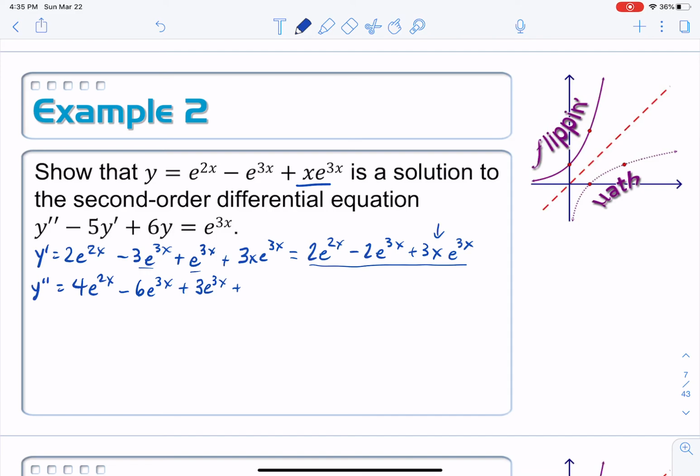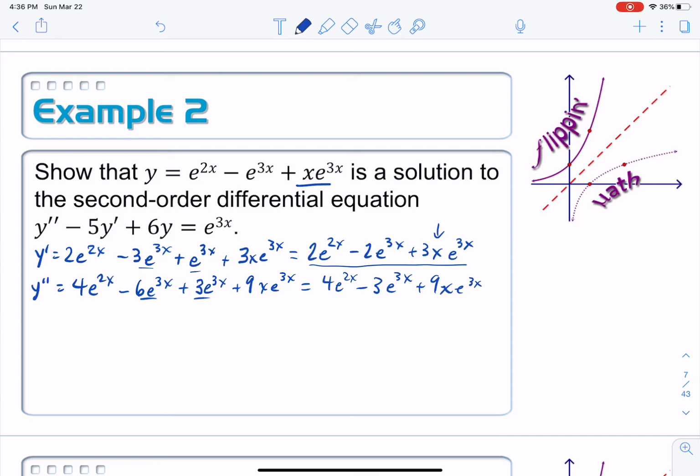The 3's will multiply, 9x e^(3x). And then again, we have some like terms to combine. y'' = 4e^(2x) − 3e^(3x) + 9x e^(3x).